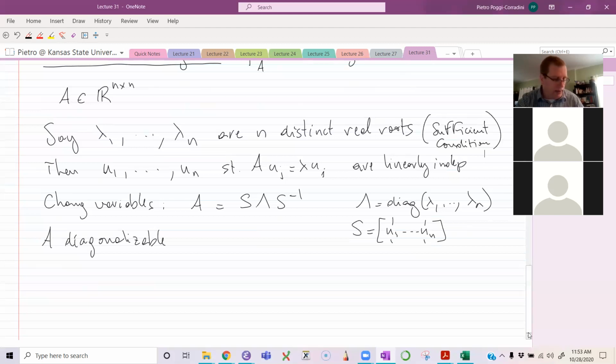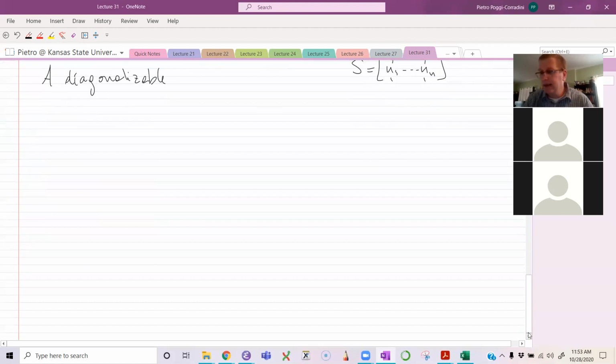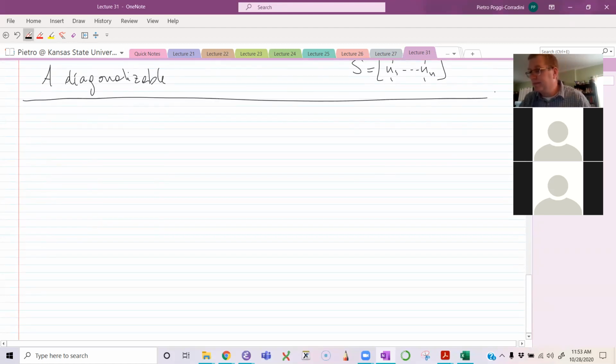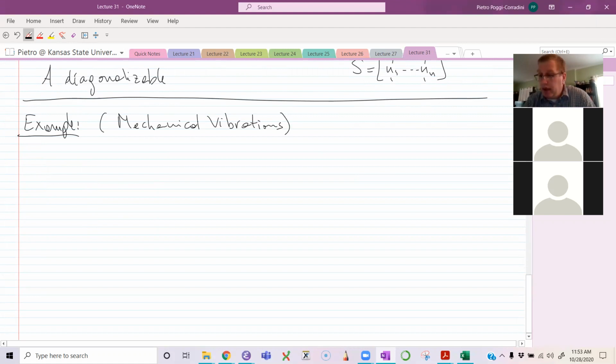All right, so let's do an example that's in chapter 4. Called mechanical vibrations. So the idea is you have, let's say, a wall and some kind of a coil spring.